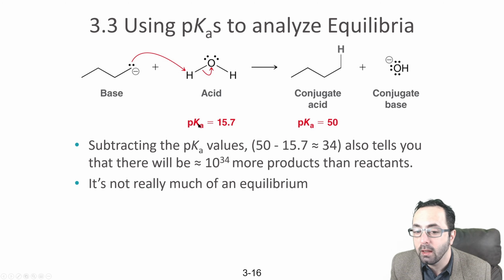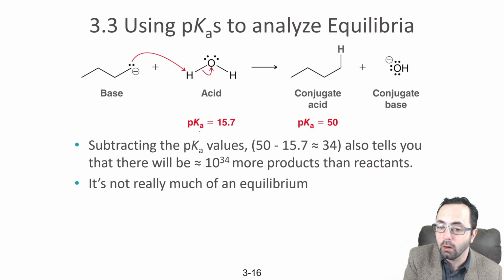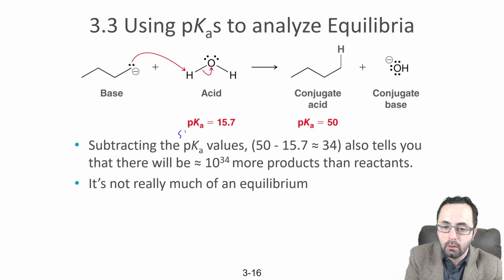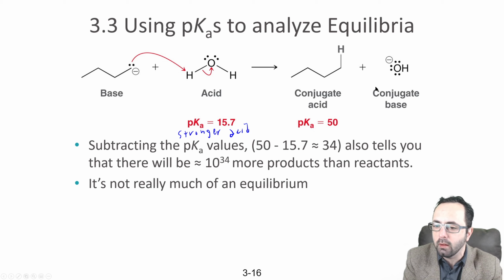So we compare the Ka's. This is the stronger acid on the left, compared to the conjugate acid that is formed from the base when it grabs an H+. This is the weaker acid.